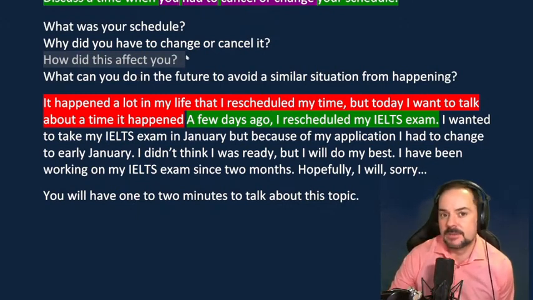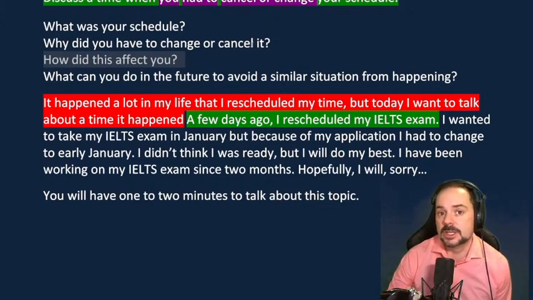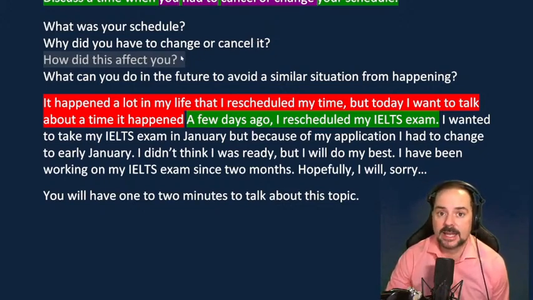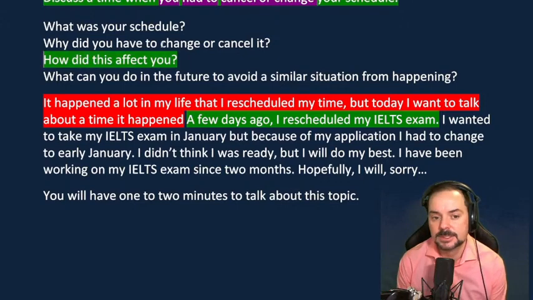So how does this affect your life? This also decreased the stress and pressure I had to do an early IELTS exam. So now I feel more confident that I have more time to prepare for the IELTS exam. So you can really spend a lot of time on each of these questions if you think about it carefully. Does that make sense? It does.